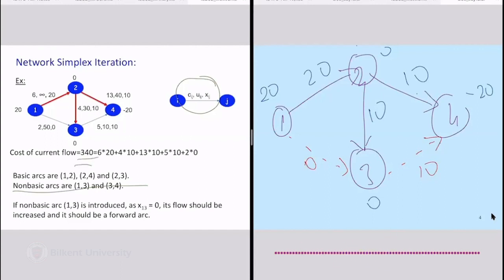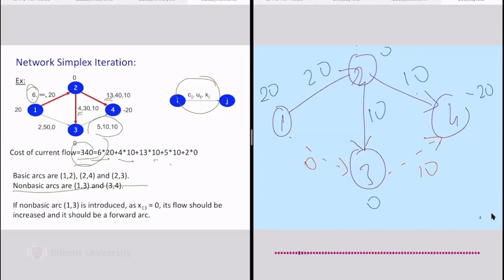The cost of the current solution is, let's calculate, C times X. So 6 times 20 plus 4 times whatever is sending there, 10, plus 13 times 10, plus 5 times 10, because it's already flowing from there too. So the overall cost of this current BFS is 340.